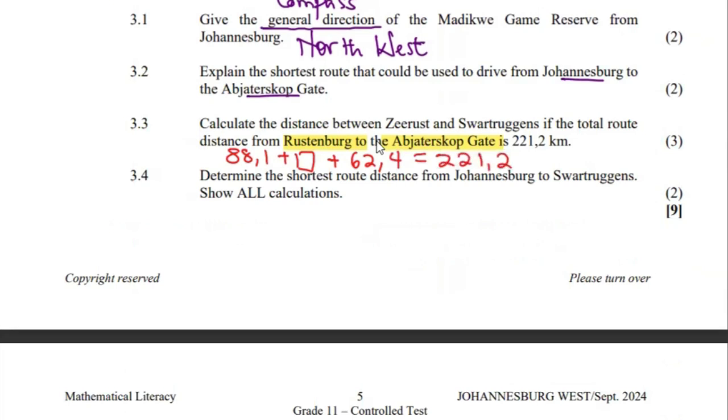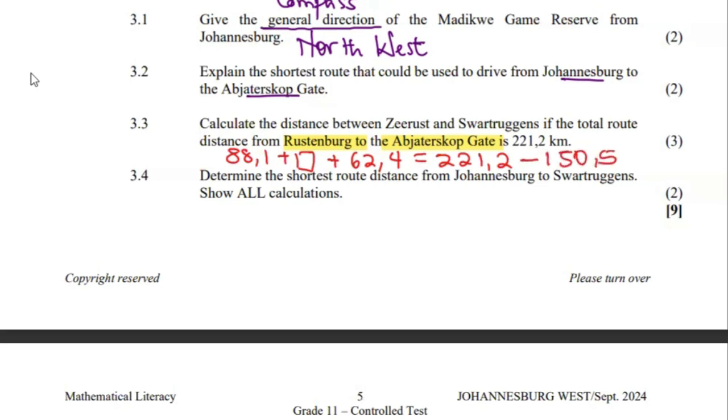So there we need to add 88,1 plus 62,4. You end up having 150. So simply meaning 150 is supposed to be subtracted from here, 150,5.